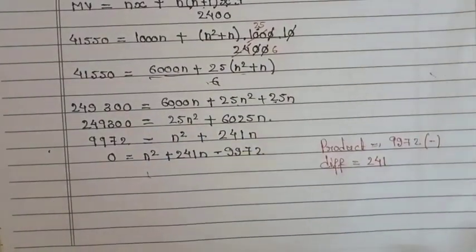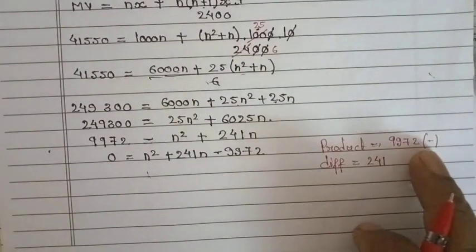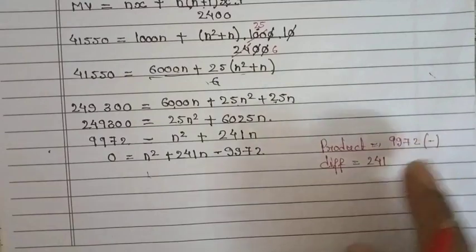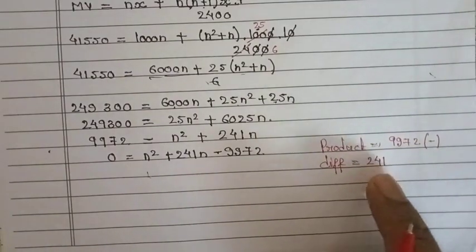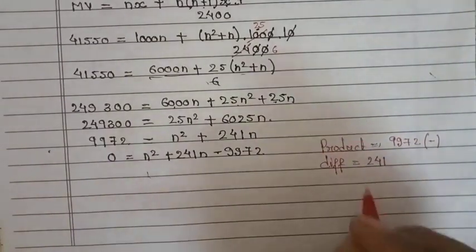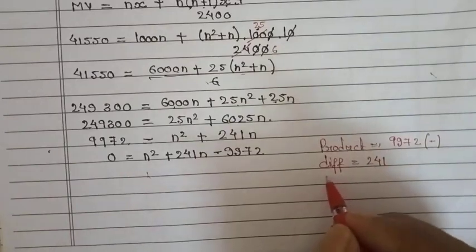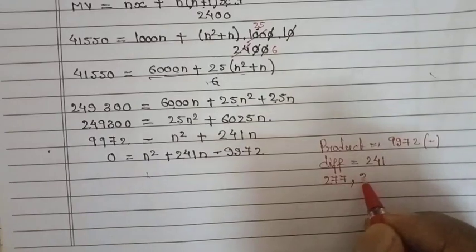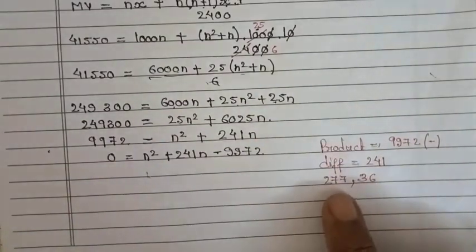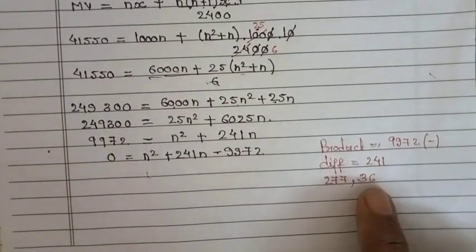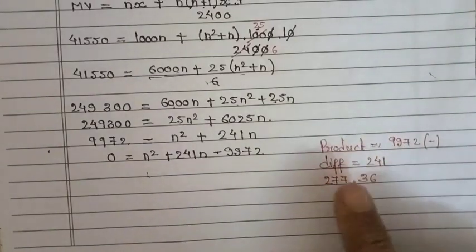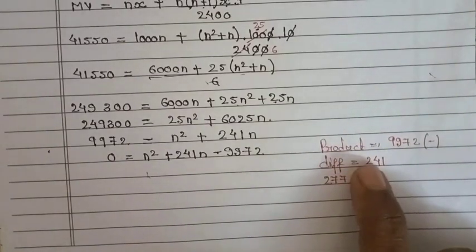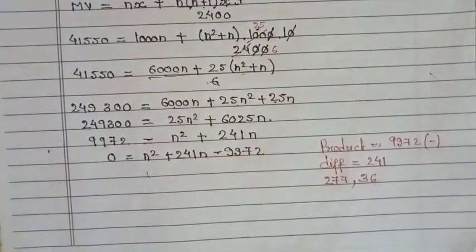So that means we need two numbers whose product will be 9972, but the difference of those two numbers will be 241. So the two numbers will be 277 and 36. If you multiply these two numbers, you will get the product. If you take the difference of these two numbers, you will get 241.